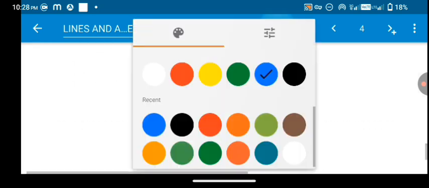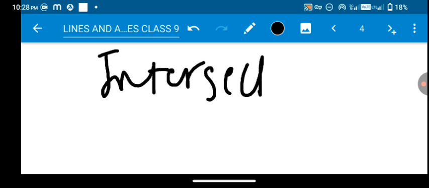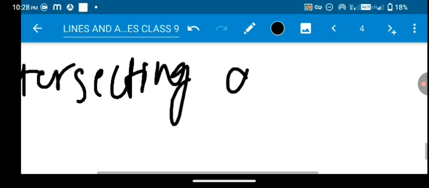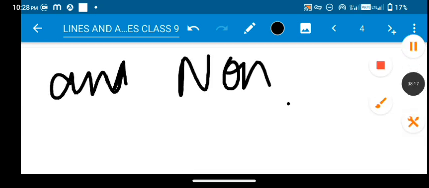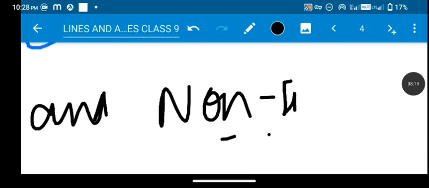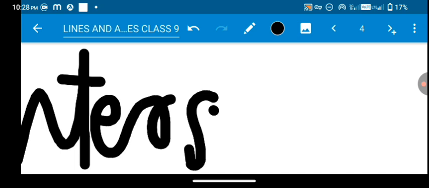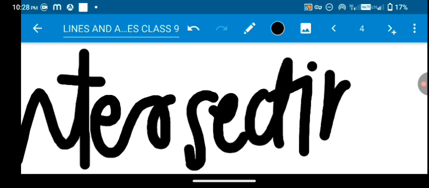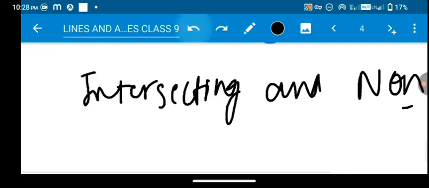After covering this, types of lines: intersecting and non-intersecting. What are intersecting lines?